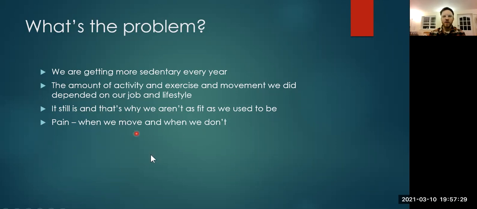And it's not the actual action of that that's caused it, it's the fact that they've moved the same way for years and years and years, and they haven't had a variety of movement, which I think is often missing from a lot of people. Not just the fact that we don't move as much, I don't think the variety of the movement is there either.